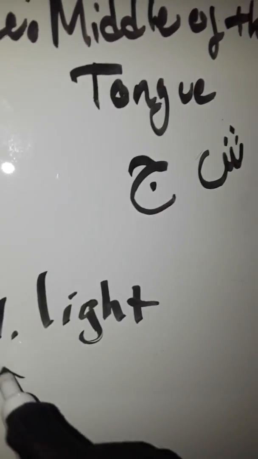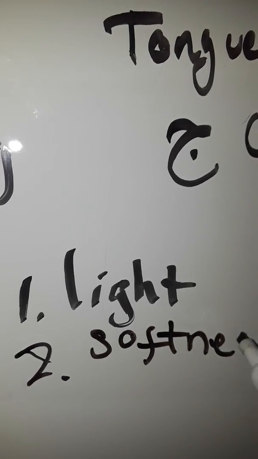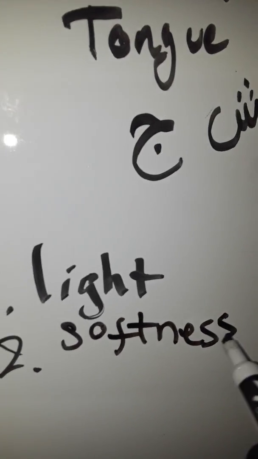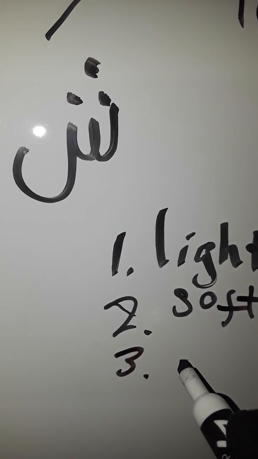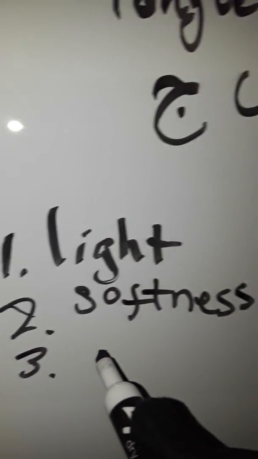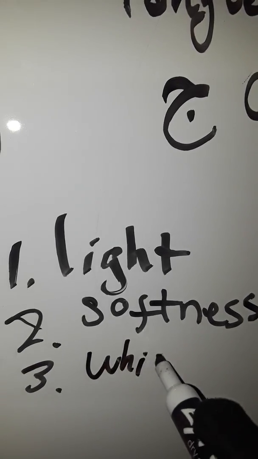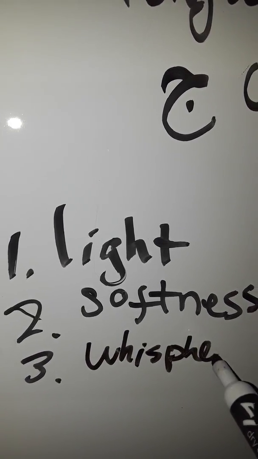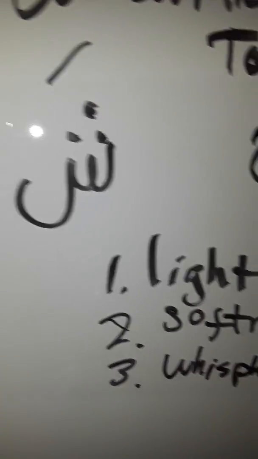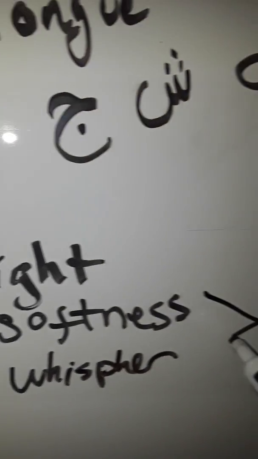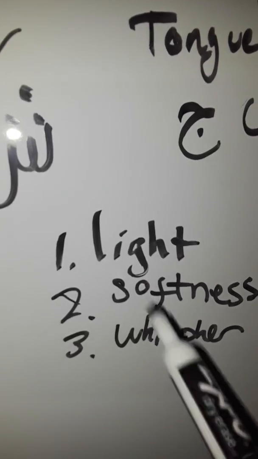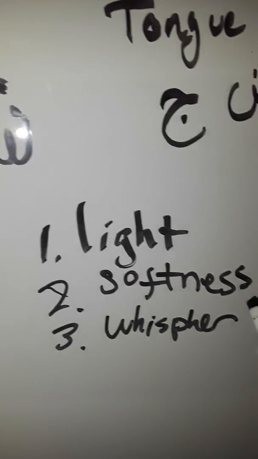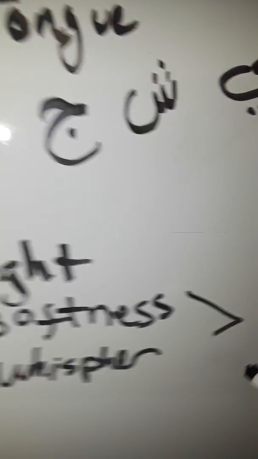Then is the softness, which is a running of sound. Next characteristic is it's a whisper, which is running of air. So the running of sound and running of air, this combination I had explained in the other video accidentally, is mahmous.